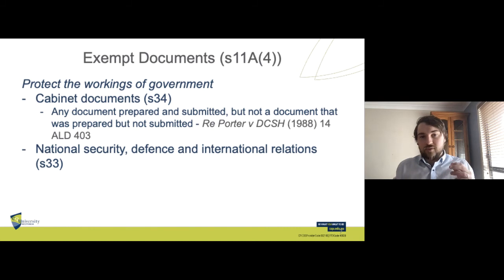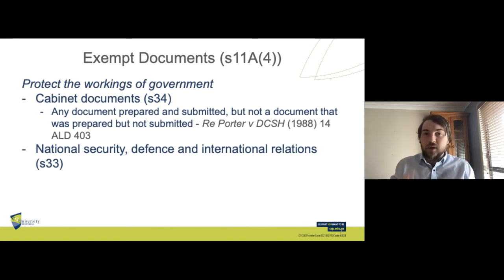The other classic example of an exempt document would be things related to national security, defence, international relations, things that, for Australia's security and for our international interests, we can't have exposed to everyone. So obviously, things like ASIO, who they're looking at, what they're doing, agents, all that kind of stuff, that can't be made public.